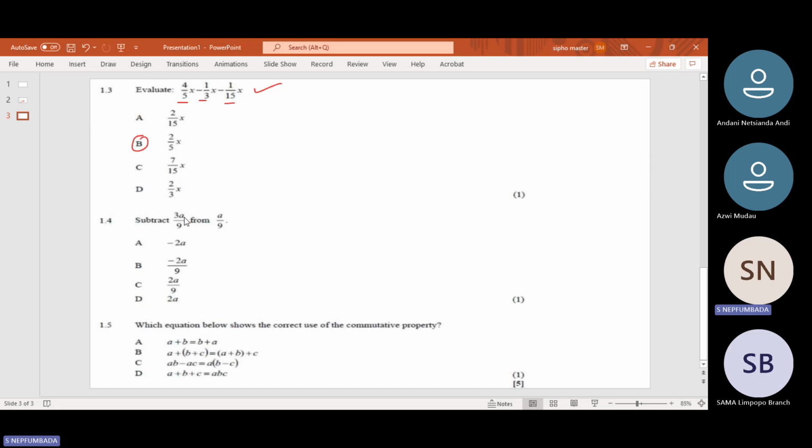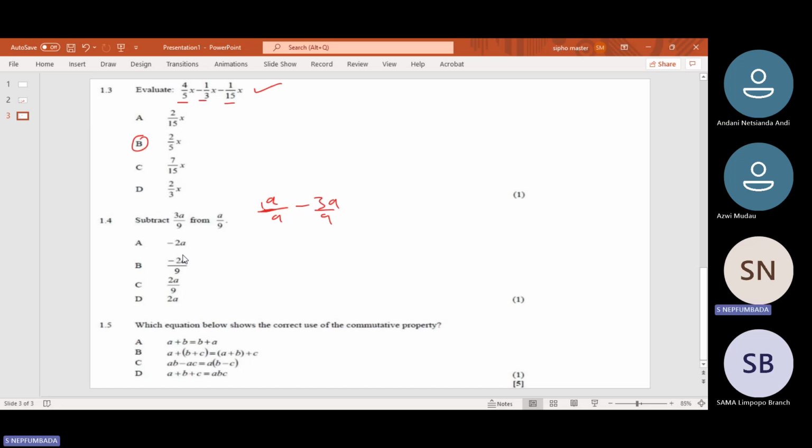Then we come here: subtract 3/9A from A/9. In other words, they mean A/9 minus 3/9A. This is like 1/9A. Is that so? Yeah.